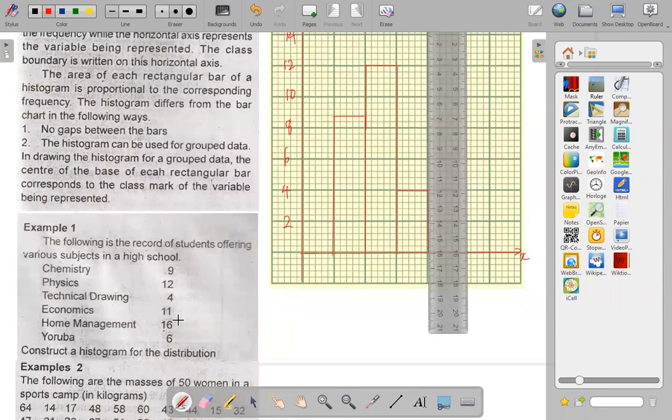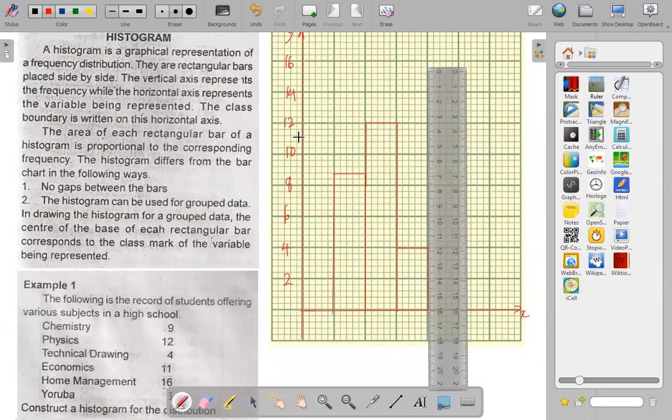The next one is economics, which is 11. Let's go to 11 right here. This is 10. 11 should be in between somewhere here.